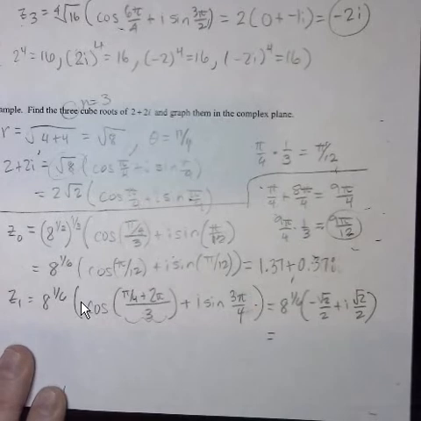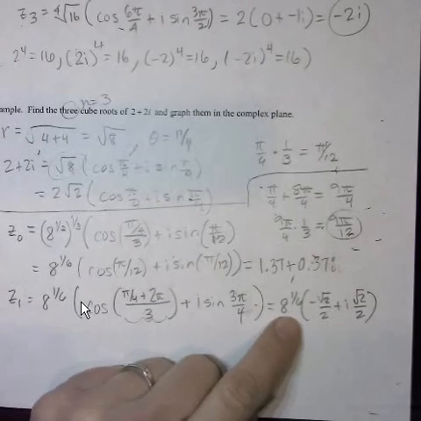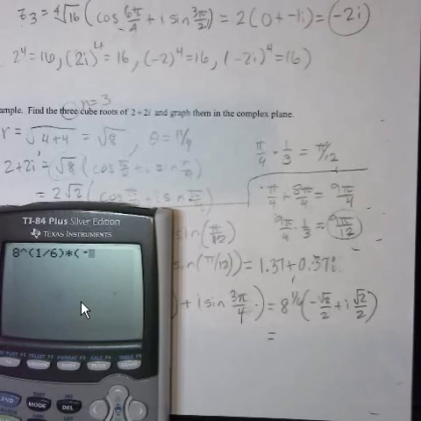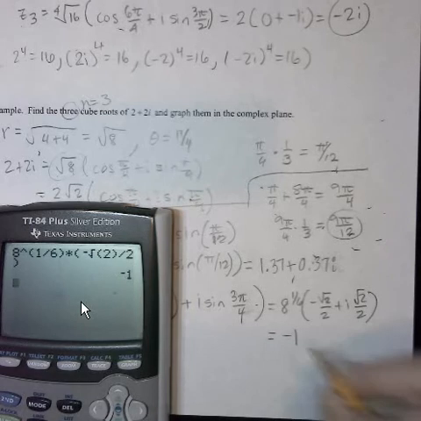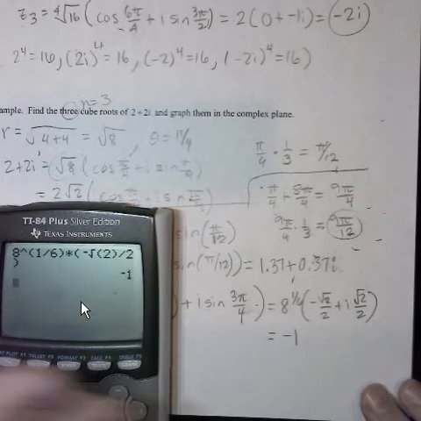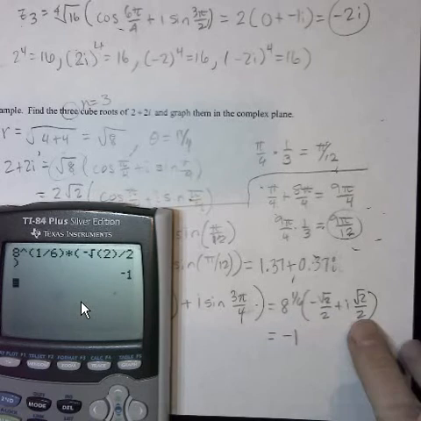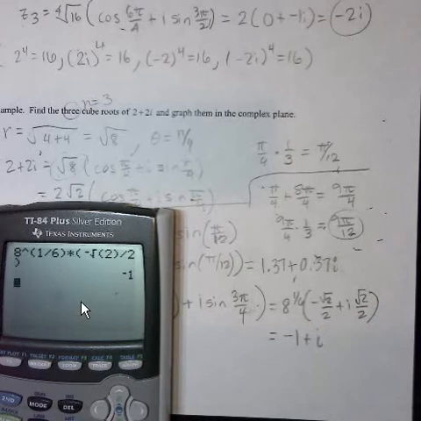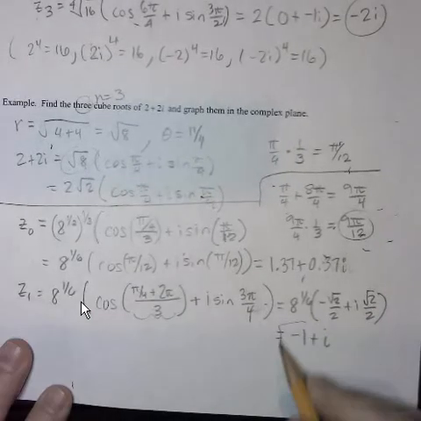And 8 to the 1/6 times negative square root of 2 divided by 2 is negative 1. And then this will just be positive 1 because that's just the opposite sign, plus i. There's our second root.